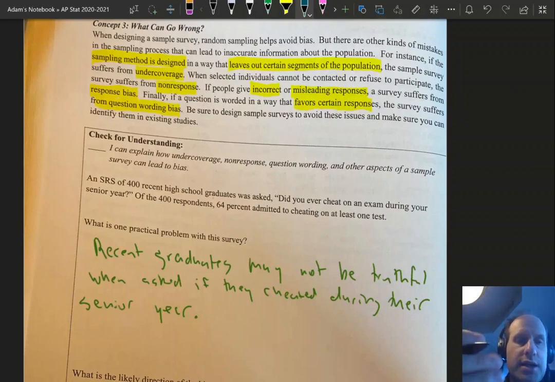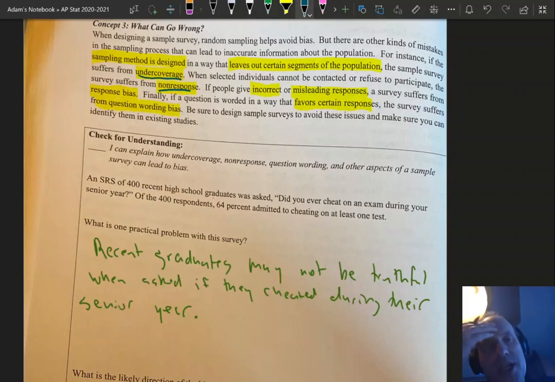Okay, so a couple situations here. Now, it's not necessarily important to memorize the vocabulary terms like non-response or undercoverage. It's important to know that, but it's more important to know what's actually happening and how this is affecting your survey.